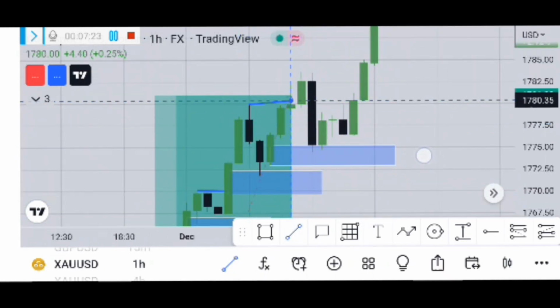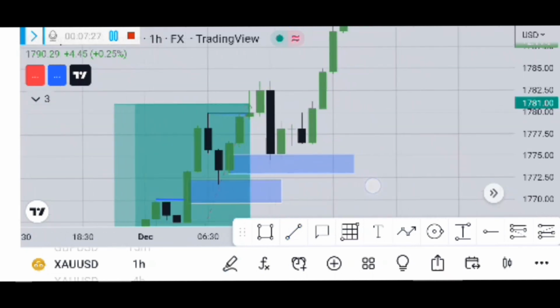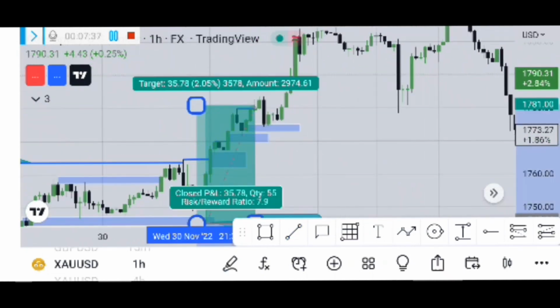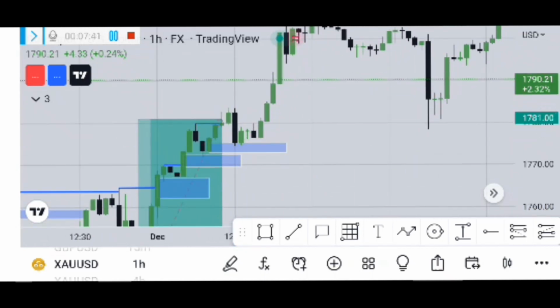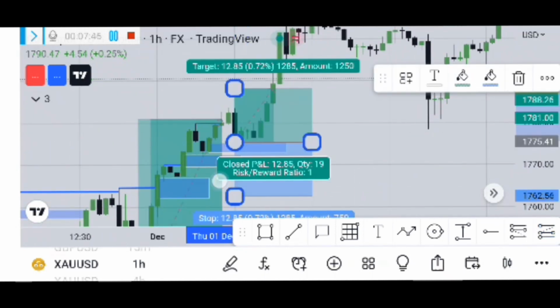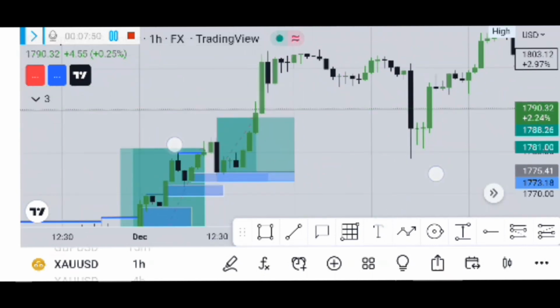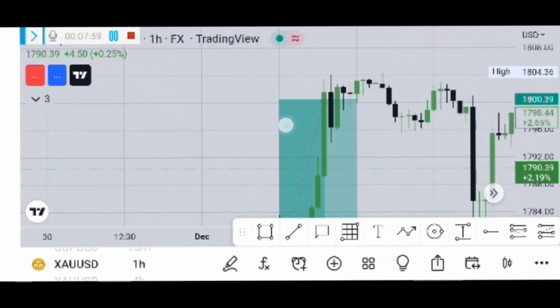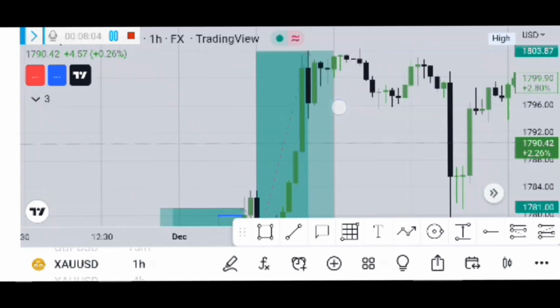This breakout and the second breakout, and we take a long position again. So we take stop loss at the last candle of breakout.